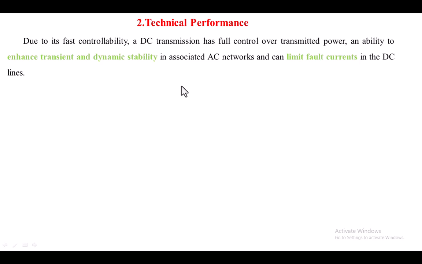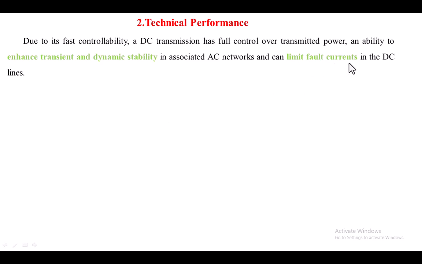Next, technical performance. In case of HVDC system, we can quickly control the power passing through the transmission line, but in case of AC transmission system, it is not possible. So in case of HVDC system, we can improve the transient and dynamic stability, and also we can control the fault current.